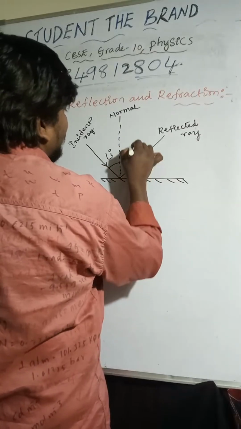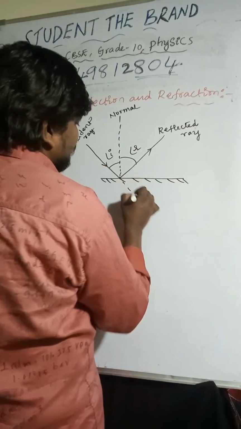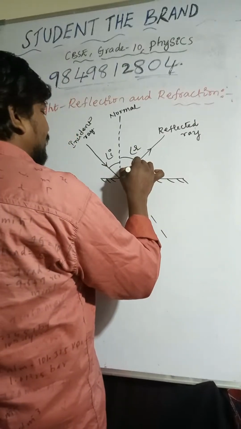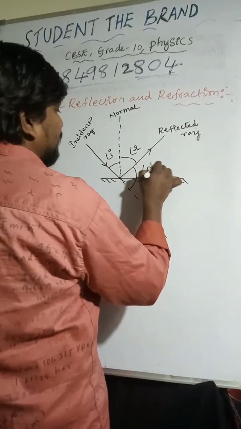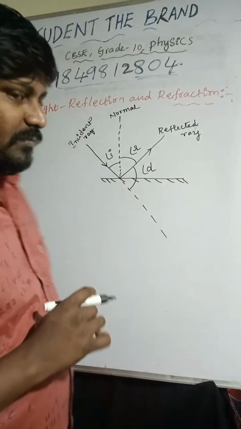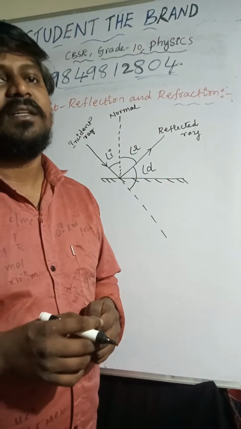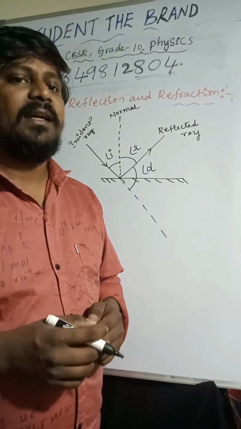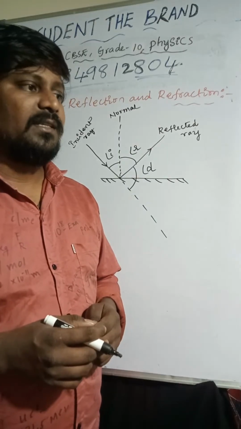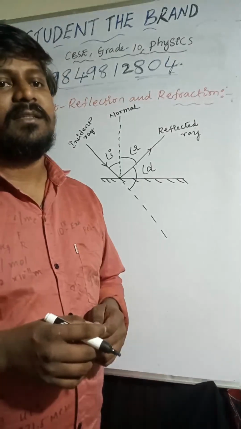The angle between reflected ray and normal line is called angle of reflection. And the angle between reflected and deviated line is called angle of deviation. The bouncing back of the light from the reflecting surface is called reflection of light.